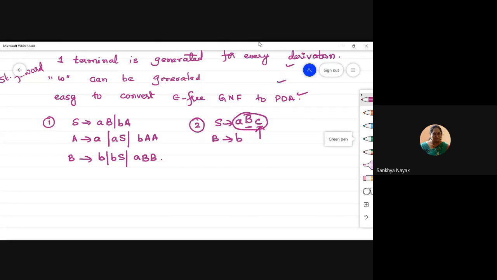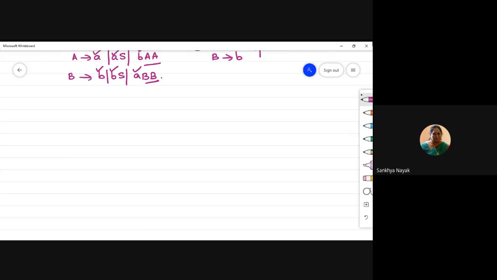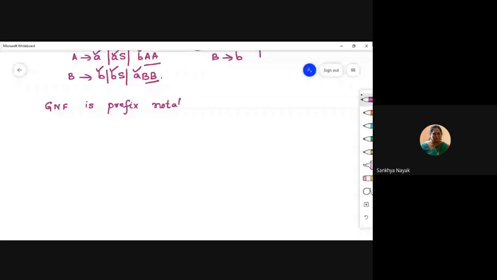I told you the terminal symbol in Greibach normal form is always the first symbol, and after that, you can have any number of non-terminals. Another piece of information is that Greibach normal form is usually also called a prefix notation. You have studied prefix and postfix notations in data structures.